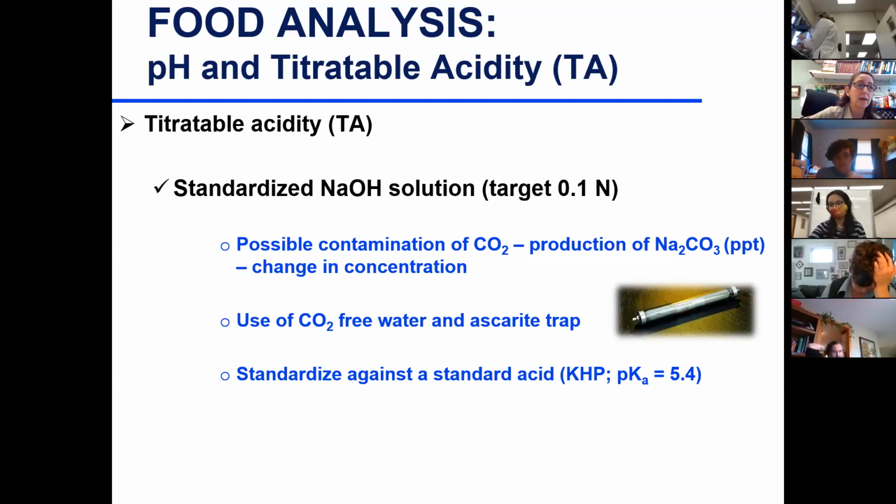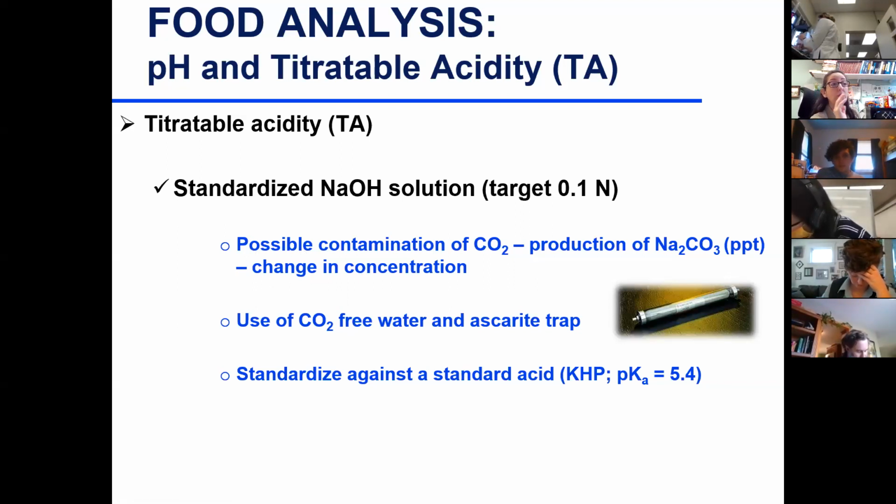Okay, now how do we standardize this NaOH solution? We standardize it against a standard acid. So we have potassium hydrogen phthalate, or potassium acid phthalate, in powder form, and we weigh a known amount, a specific amount of it. We dissolve it in a specific amount of water, and then we titrate this acid with the NaOH solution.